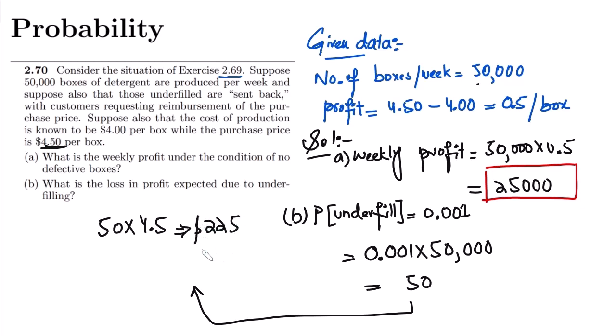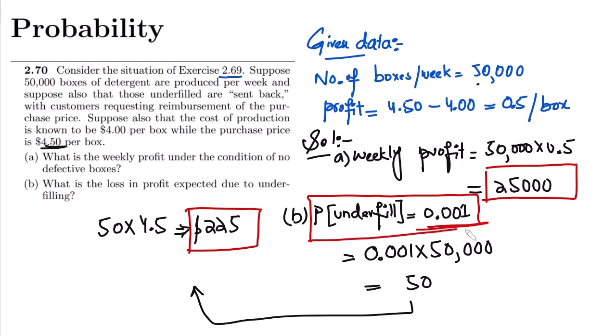Okay, so that is basically the loss which we will have if we find any underfilled items with the probability given in this scenario. That is the solution of part B, and this is the expected loss of the item.